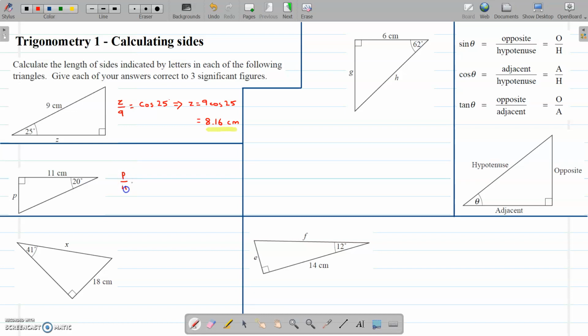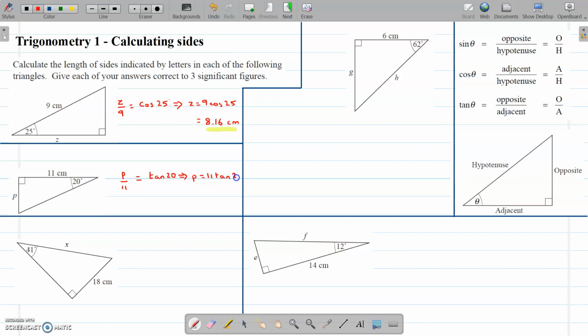Opposite over adjacent is the tan of the angle, so it's the tan of 20. Rearranging that, I get that p is going to be 11 times the tan of 20.